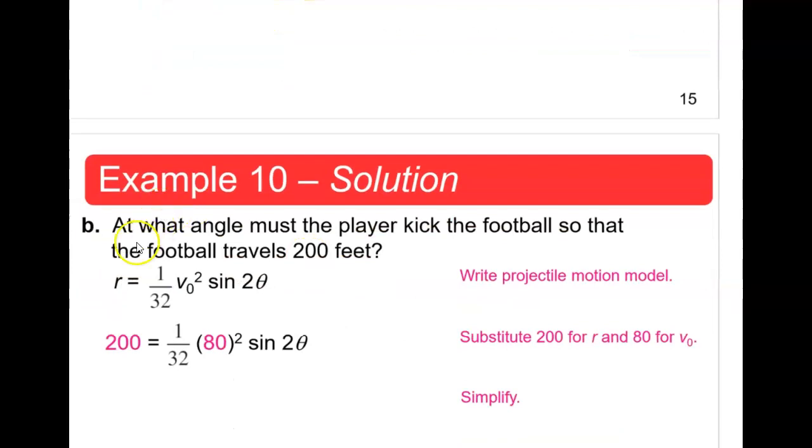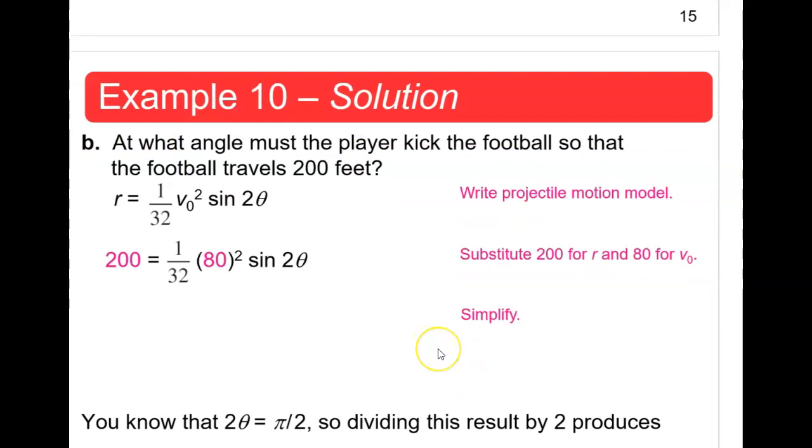And for part B, it says, at what angle must the player kick the ball so that the football travels 200 feet? So now the question says, and I already have the substitution here. The question is asking us, what is theta supposed to be?